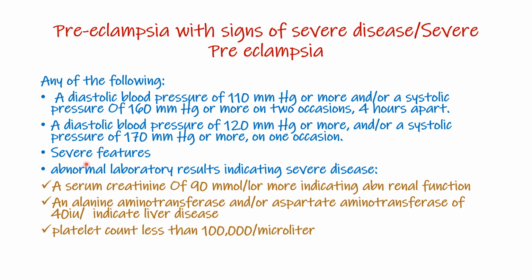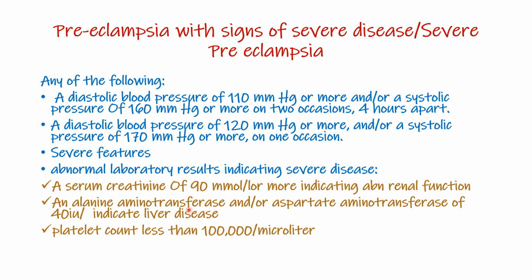And the severe features, which we're going to see in the next slide, include abnormal laboratory results indicating severe disease. These abnormal laboratory results usually involve the platelets, the liver, and the renal. So a serum creatinine of 90 micromoles per liter or more indicates abnormal renal function. So in preeclampsia, we are going to have reduced GFR, and if you have reduced GFR, then you are not able to excrete creatinine or urea.